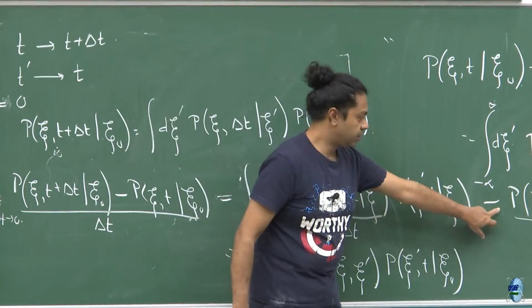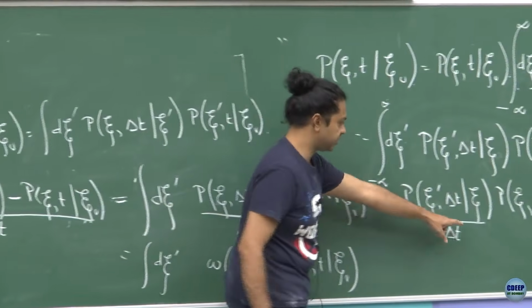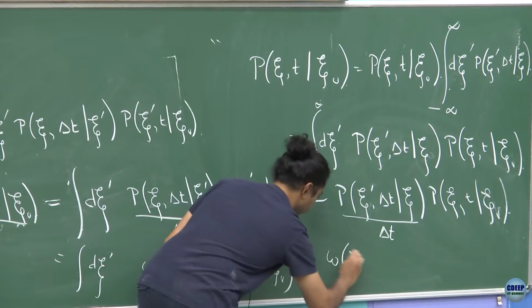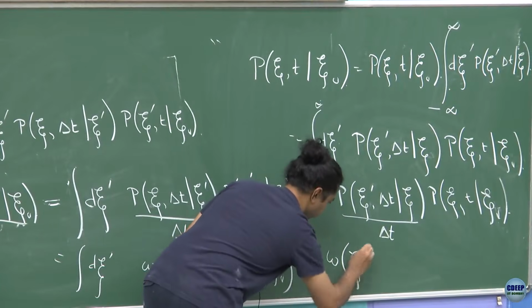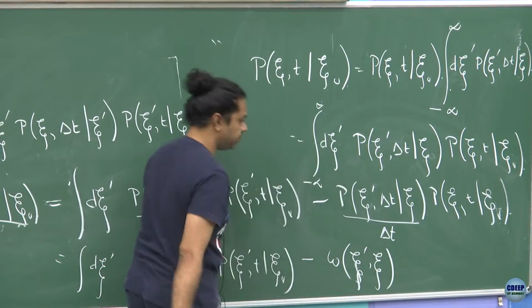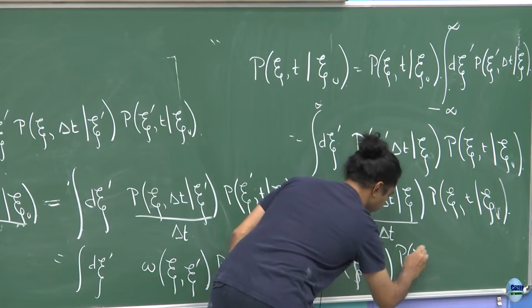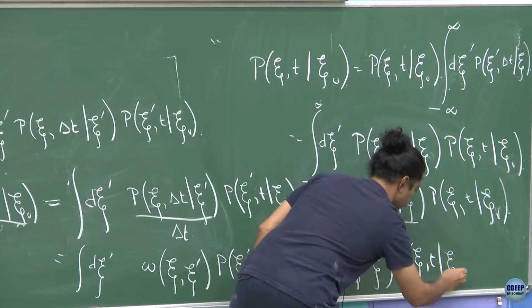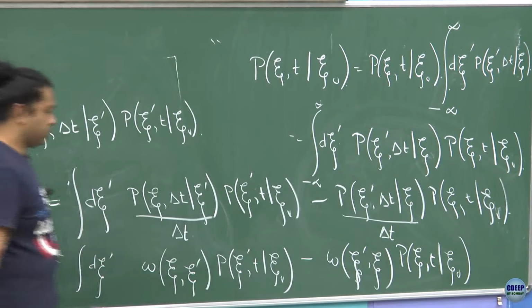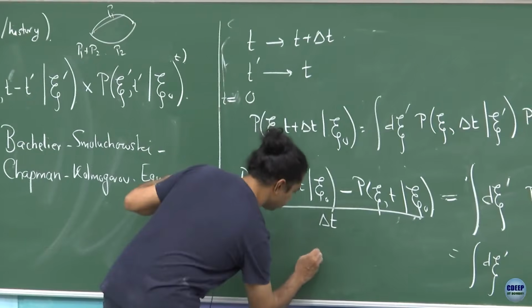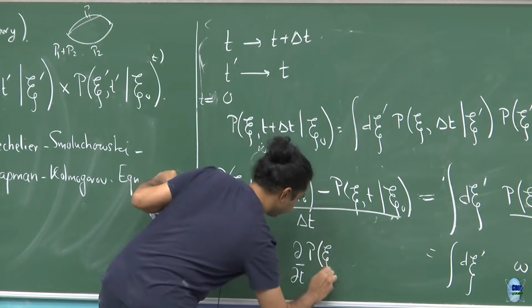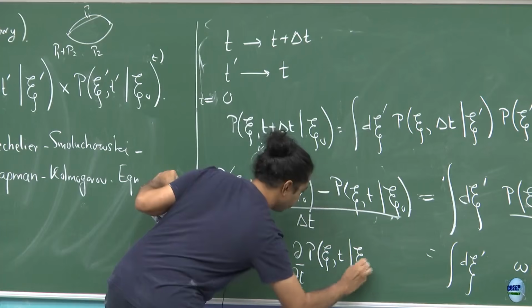And this is the reverse transition rate, that is, the transition rate of going from xi to xi prime, times the probability that you were at xi. And this left hand side is of course del del t of this p of xi comma t given xi naught.